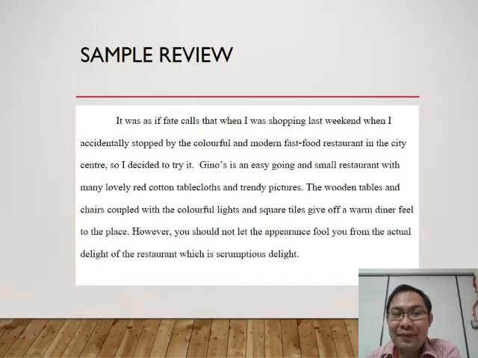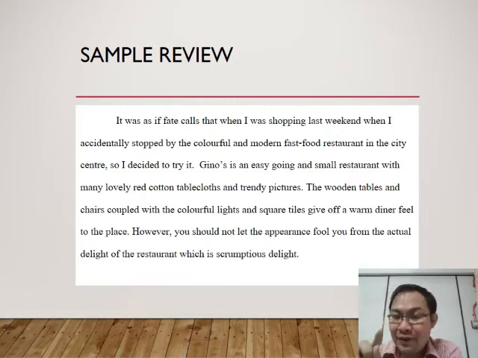So let us look at what a sample review looks like. You can read the review together. Try and highlight the adjectives in the sample below. You can copy down the sample and highlight the adjectives. With a different pen, highlight the linkers.